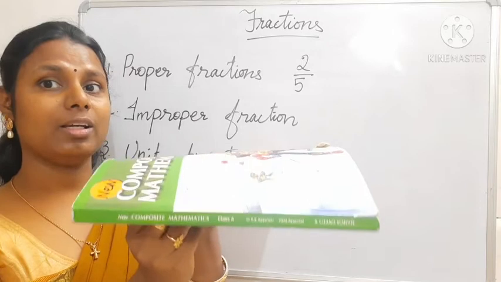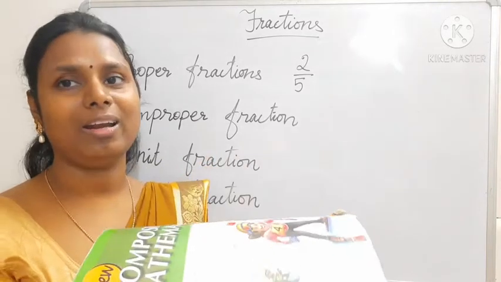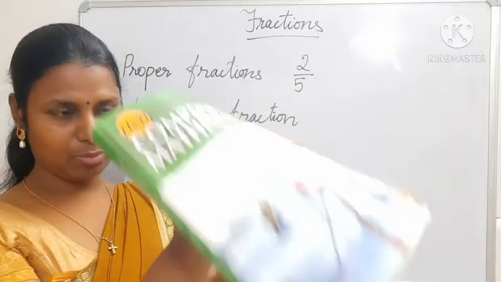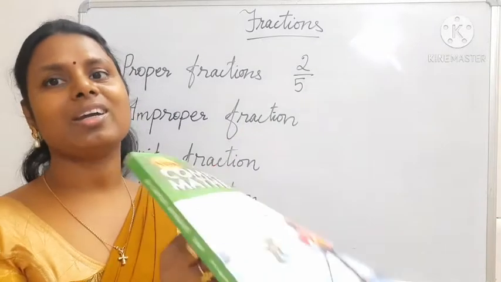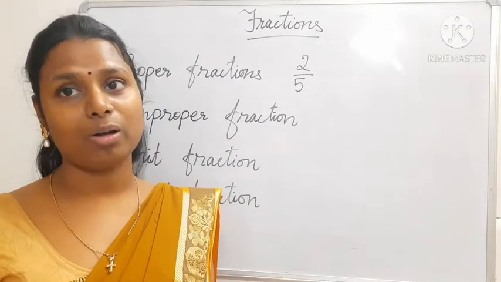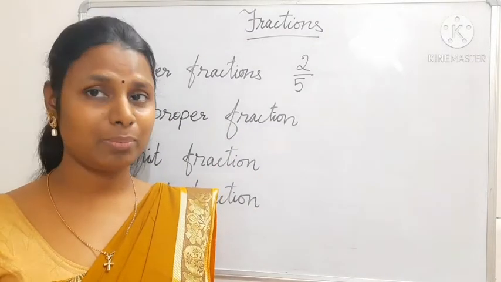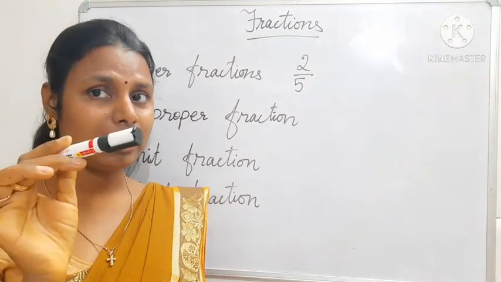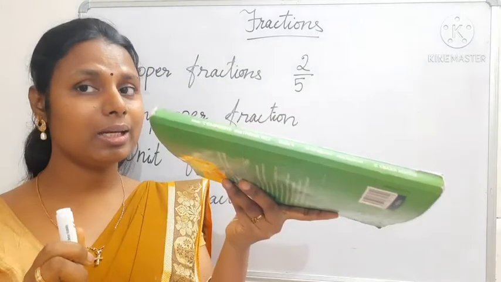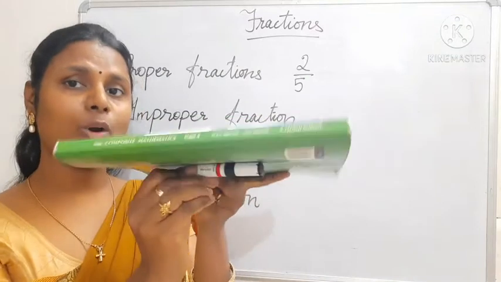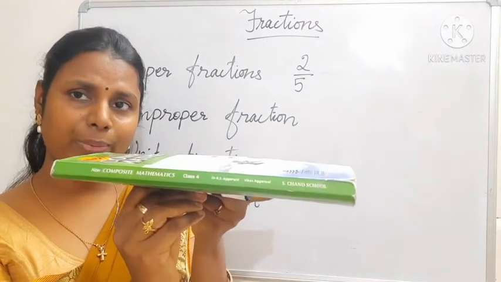Will it remain? It is trying to fall. See, I am not able to keep it. That means when the denominator is small and the numerator is big, it doesn't fit properly. It is improper.